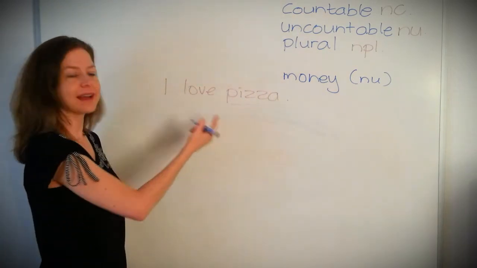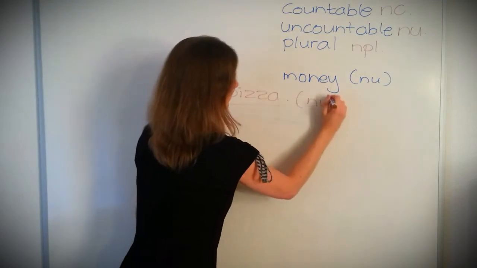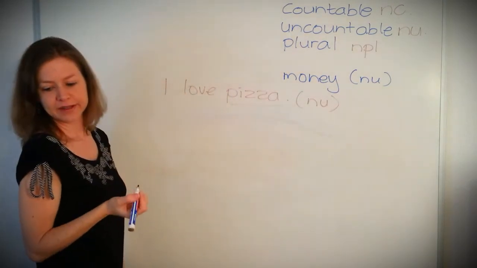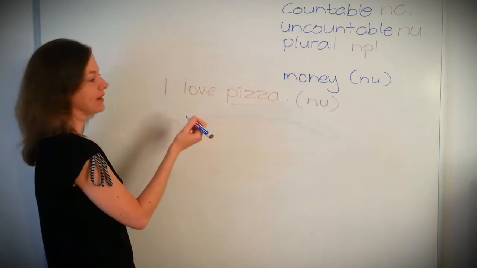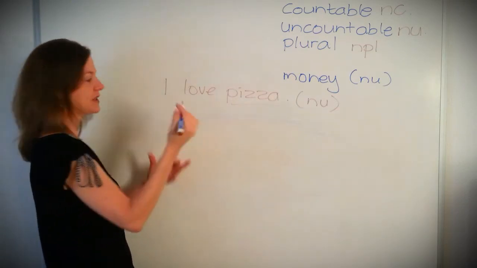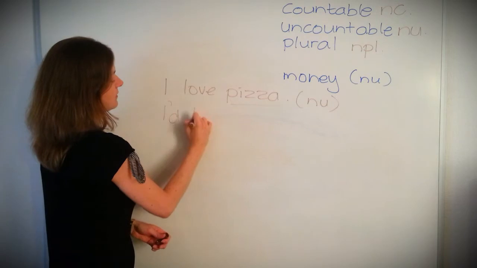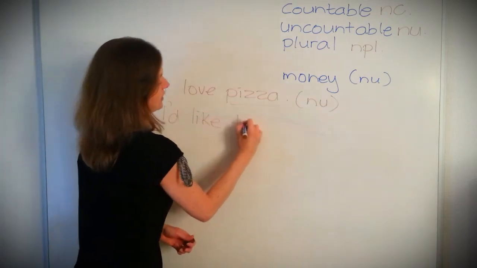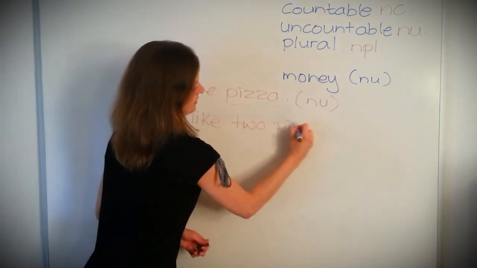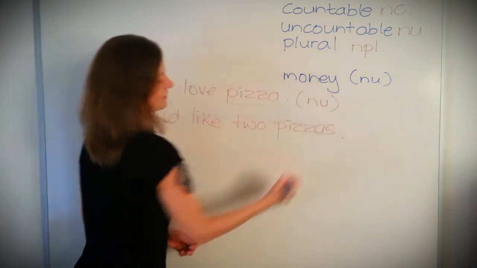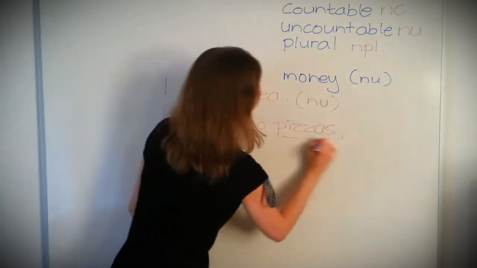Therefore, it's uncountable. However, if I'm ordering pizza and I want whole pizzas, I would say, I'd like 2 pizzas. Okay, so in this case, it's obviously countable.